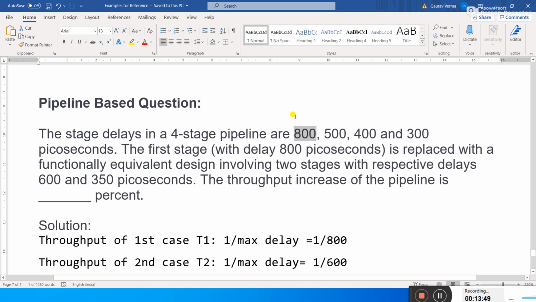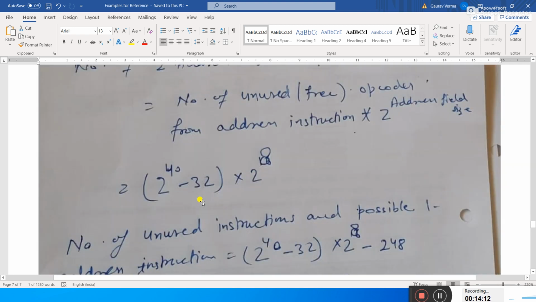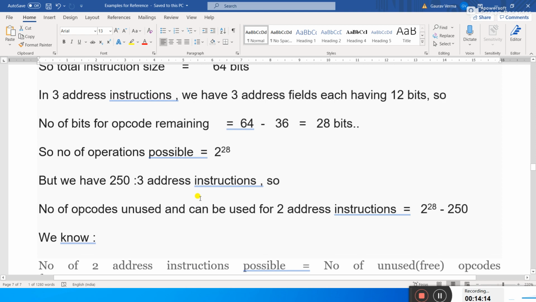In the first case the maximum delay is 800, and when he replaced the values by 600 and 350, the maximum delay is 600. So for the first case, throughput is 1 by 800. For the second case, it is 1 by 600. We get the percentage increase by (T2 minus T1) divided by T1, and it is 33.33%. That kind of question you may get in your exam.